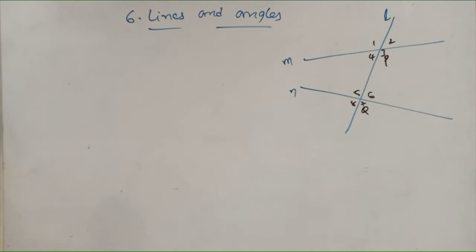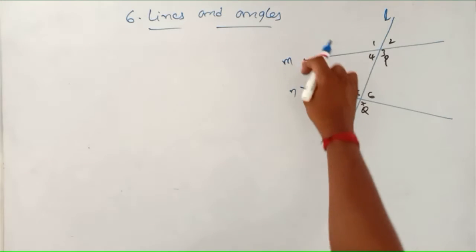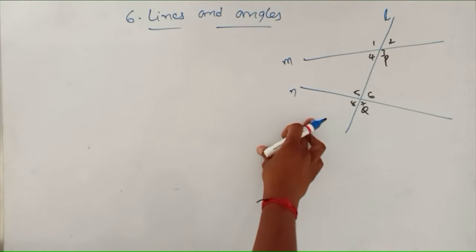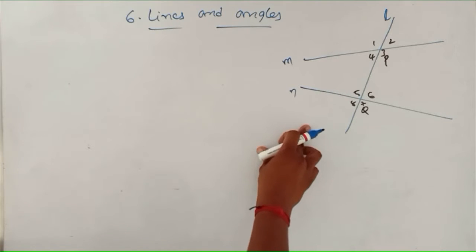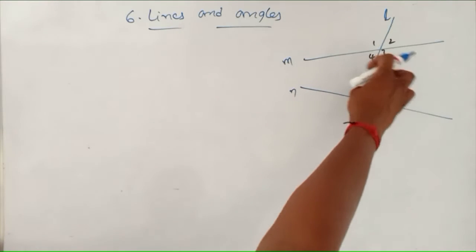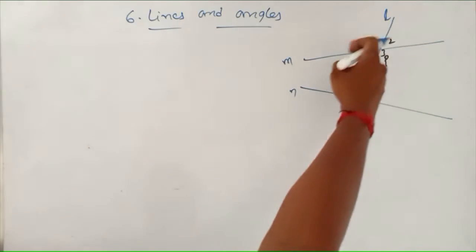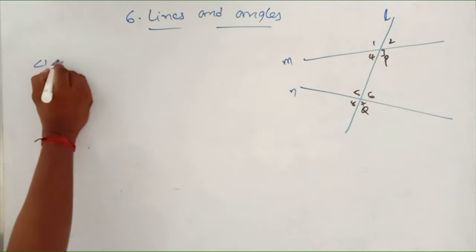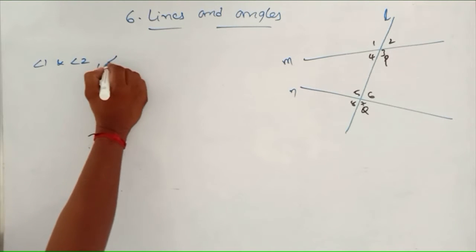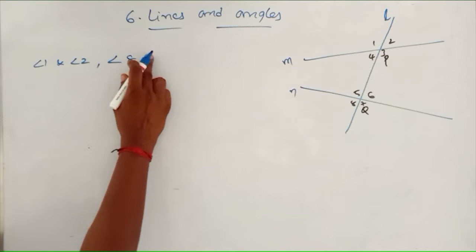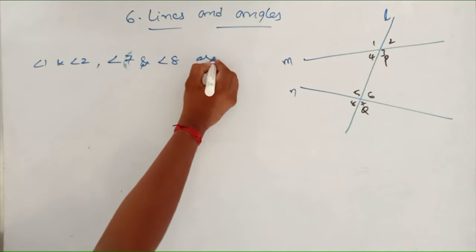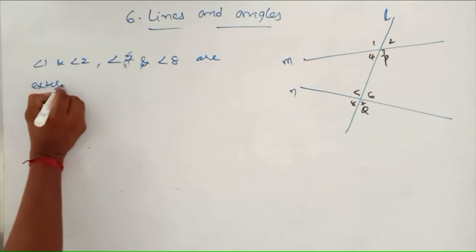So children, here L is a transversal and M and N are two lines. When L intersects M and N at points P and Q respectively, four angles are formed at P and Q respectively, namely 1, 2, 3, 4, 5, 6, 7, 8. Totally 8 angles are formed. Angle 1 and angle 2, angle 8 and angle 7 are exterior angles.